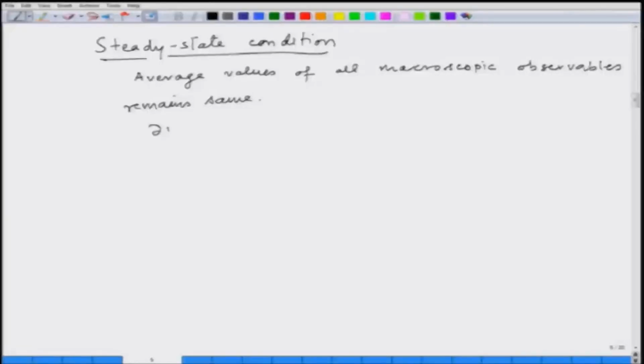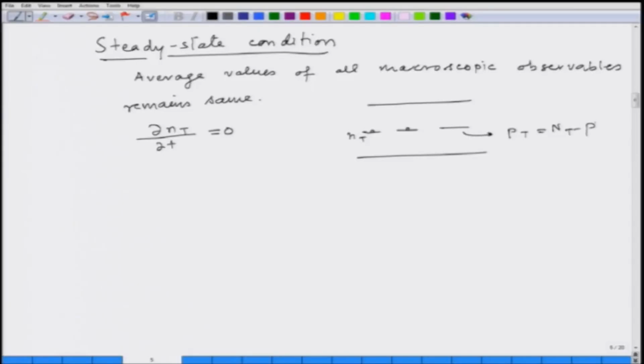Basically then what it says in steady state is that the change in the concentration of RG centers which are occupied by electrons is 0. So, if you have RG centers, which is the case that we are discussing here, the number which is occupied, n_T, and the one which is not occupied, p_T, is not changing with time in a steady state. What does that mean?